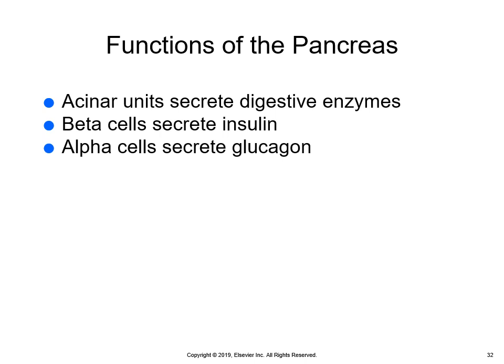So we'll start with the glucagon. So glucagon is produced by alpha cells. And in terms of function, it raises our blood glucose levels when they drop too low.